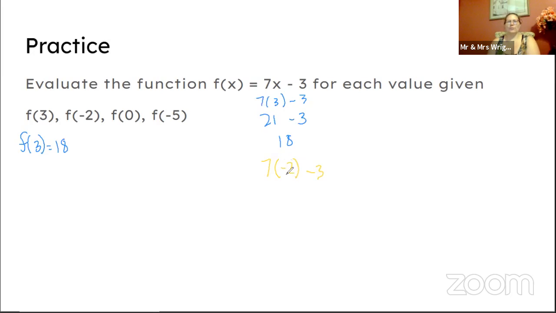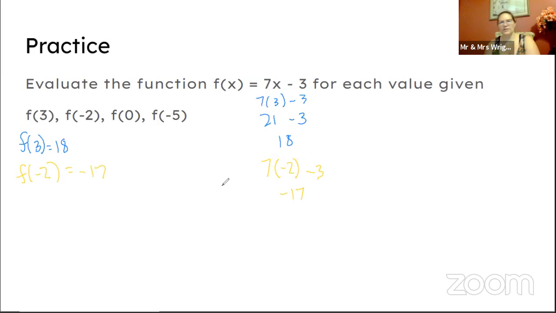So you need to be familiar with your calculator. Okay, but 7 parentheses negative 2 minus 3, plug that into your calculator and you're going to get negative 17. So f of negative 2 is negative 17.